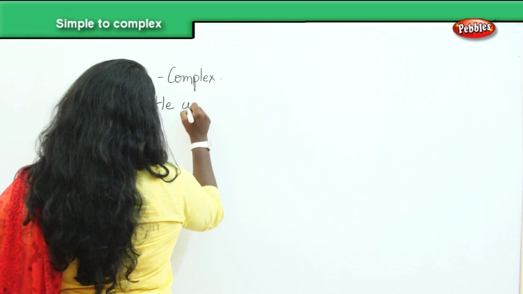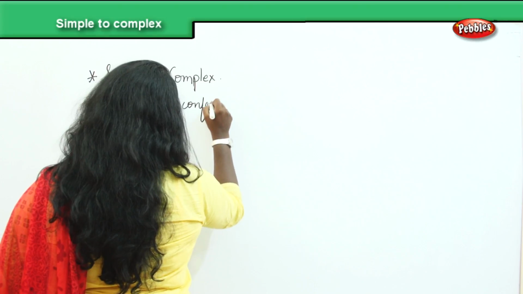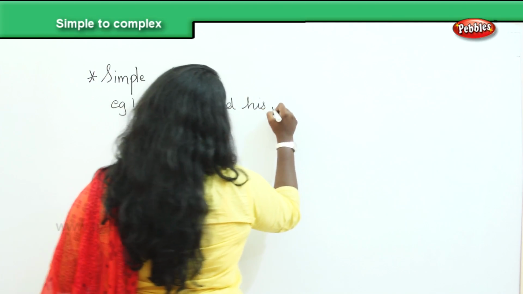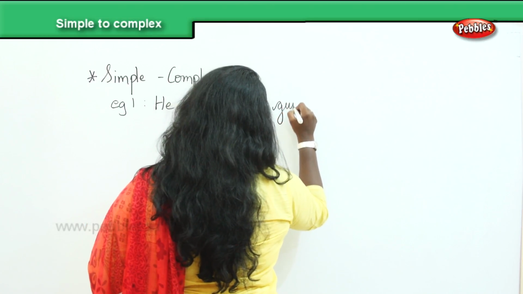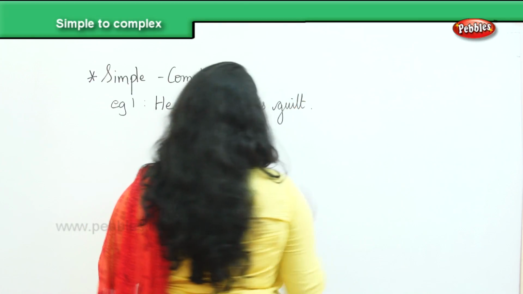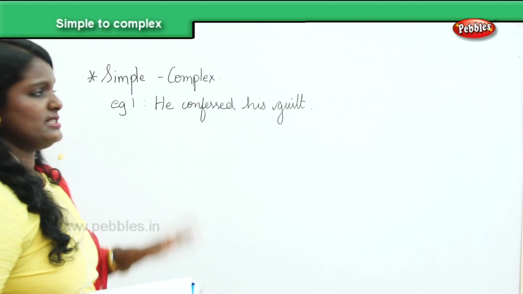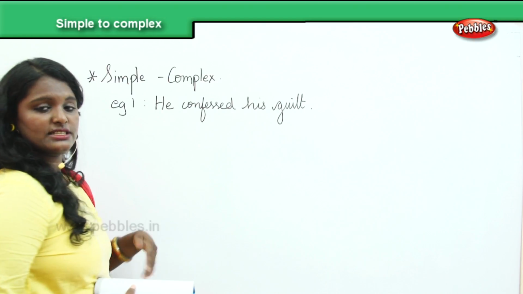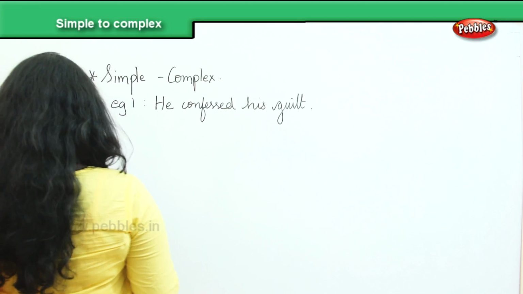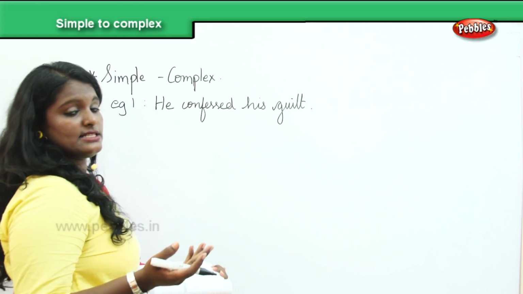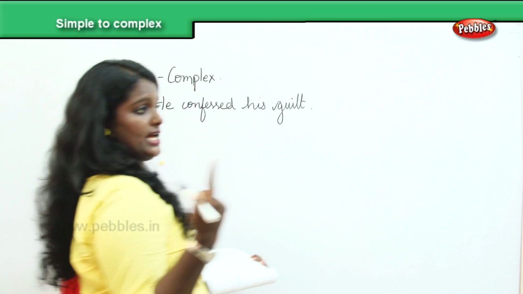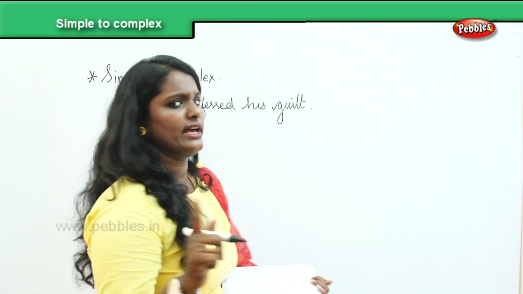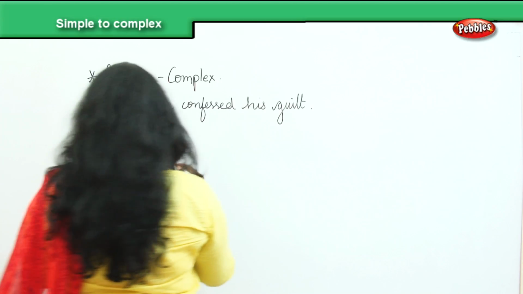He confessed his guilt. Now that is a simple sentence, just one clause, and you have a subject and a predicate. So when I convert it into a complex sentence, I need to ensure that I have at least one main clause and definitely a subordinate clause also.